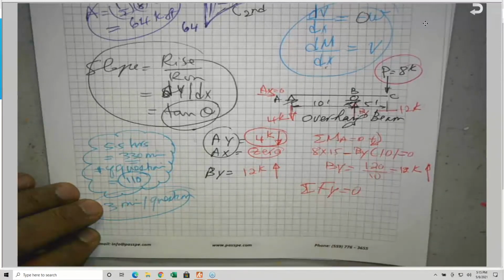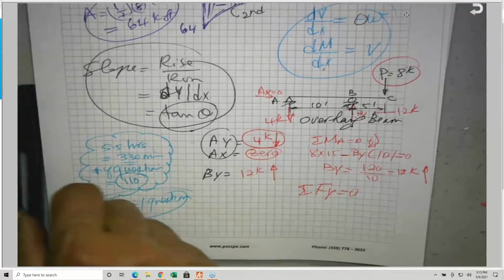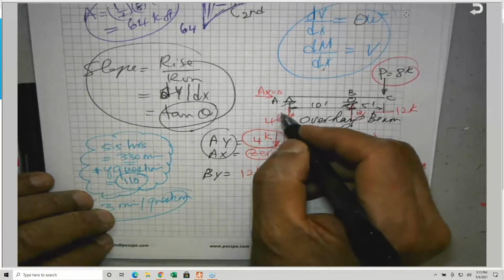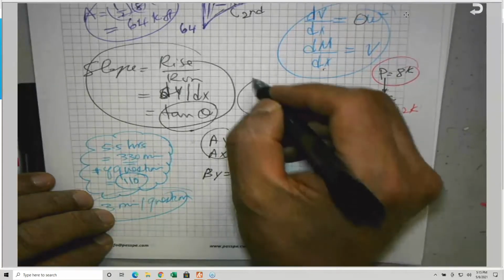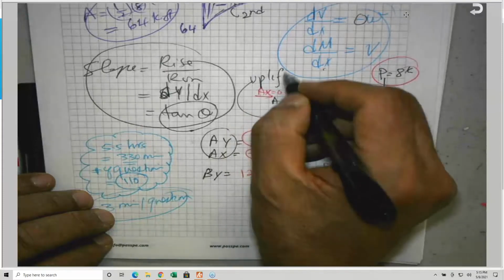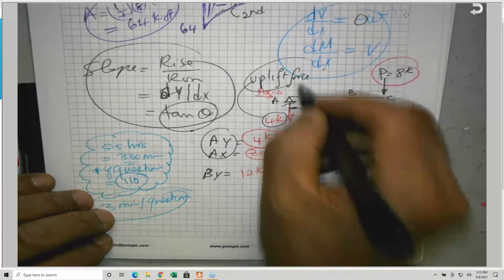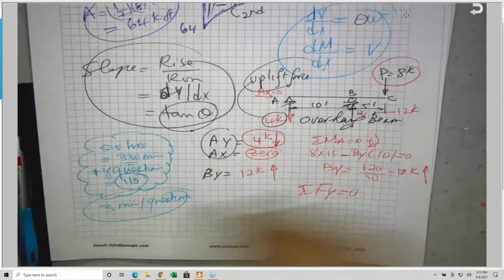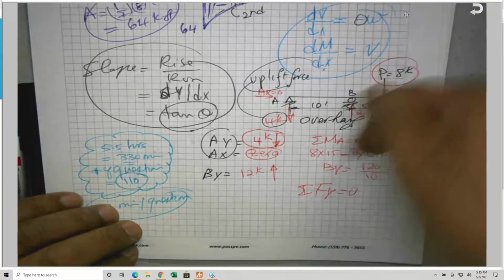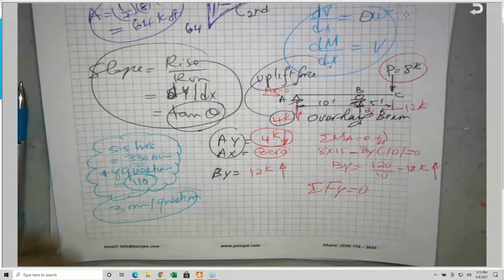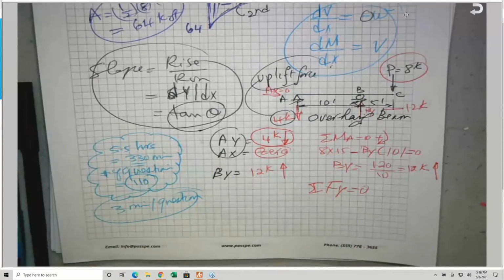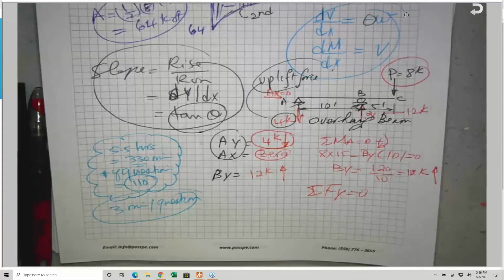I saw some of you are taking this force, by the way, in seismic design, we call it uplift force. It's called uplift force because if you push this down, in fact, the deflected shape of this beam, if you draw what we call the elastic curve, we're going to see the elastic curve later on.